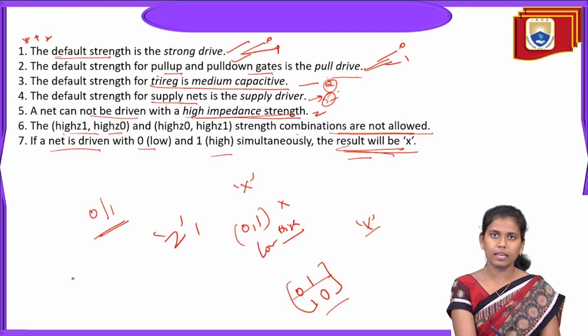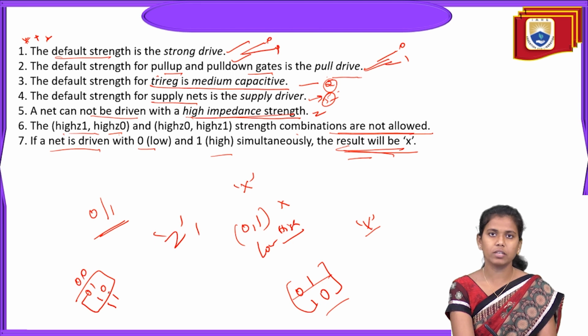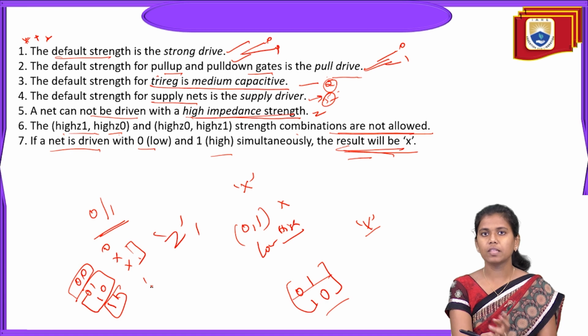Likewise in the AND gate, in the previous slides we discussed 0, 0; 0, 1; 1, 0; and 1, 1. When the net is driven with 1, 0 and 0, 1, we have seen the output result as the unknown value. Whereas for 0 and 0 we see the output as 0, and for 1 and 1 we see the output as 1.